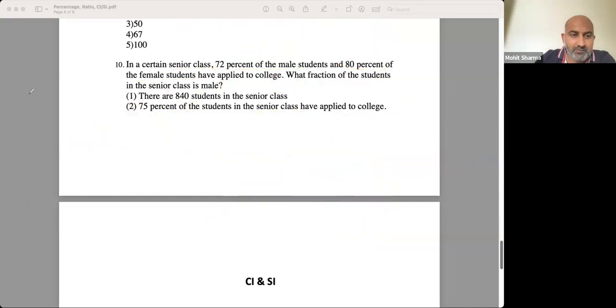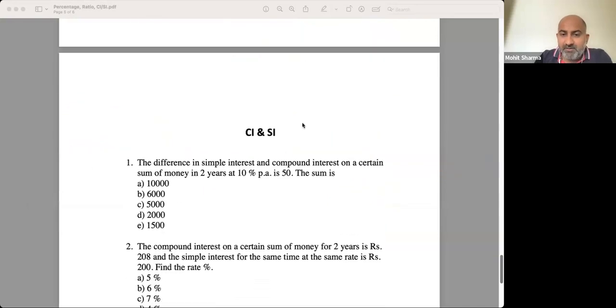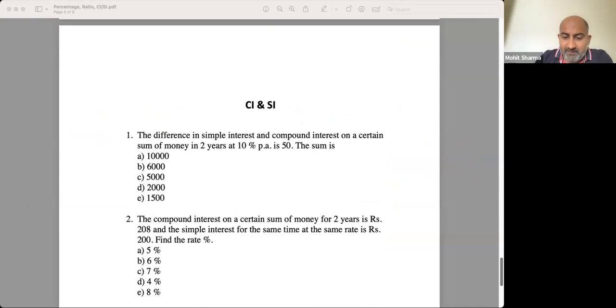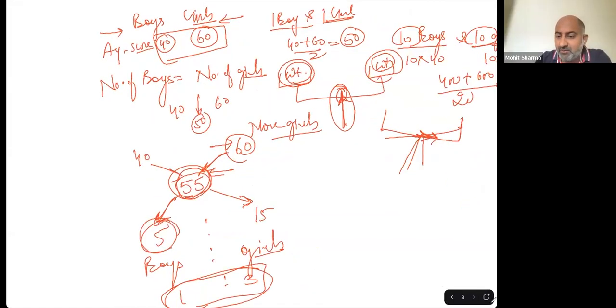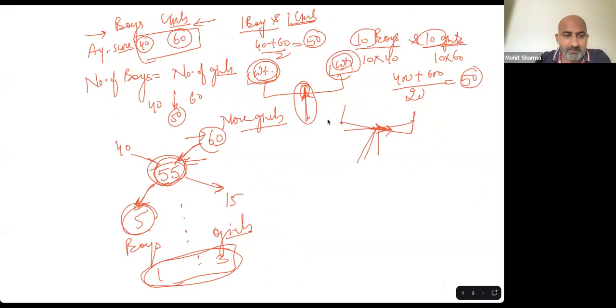Now let's do compound interest and simple interest. In terms of the maths required, it's almost very similar to what we did in percentage, because when we calculate interest, it's nothing but a percentage change.